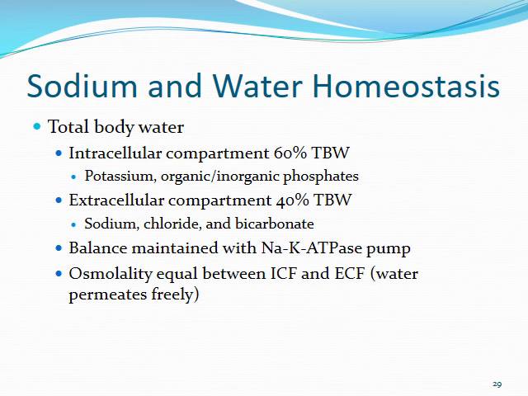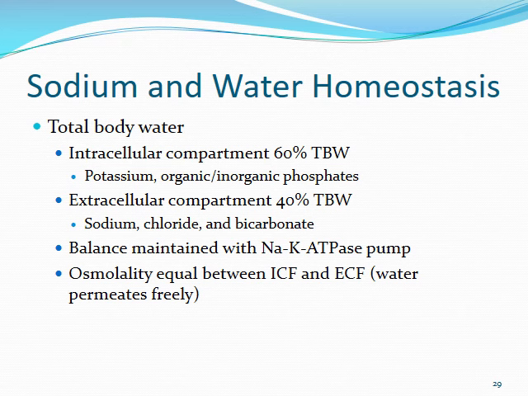So looking at sodium and water homeostasis, essentially looking at a person, they're going to have some degree of total body water, and that can be broken down into where the water is being held. So typically for a patient, they would have around 60% total body water being within the intracellular compartment.